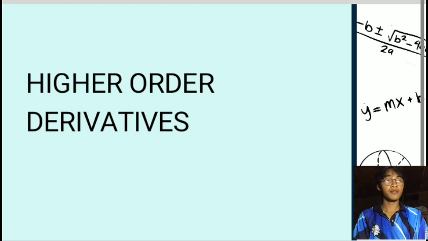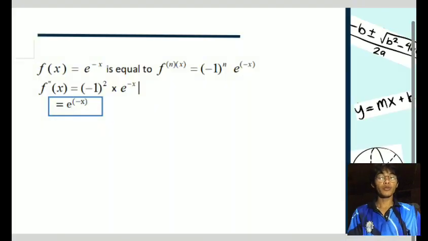Higher order derivatives can provide valuable information about the behavior and characteristics of a function. They can help us determine the concavity, inflection points, and other properties of a function. For instance, when we get the higher order derivative of the problem f of x is equal to e raised to negative x, it will become f raised to n of x is equal to negative 1 raised to n times e raised to negative x.